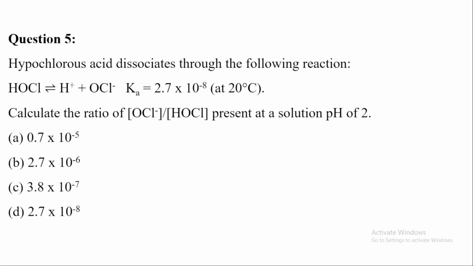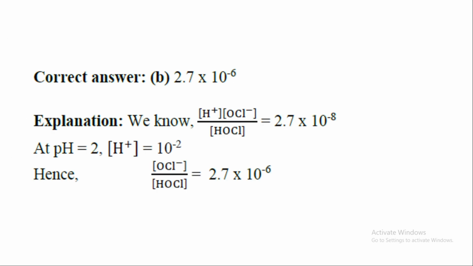If the pH is given as 2, what will be the H+ ion concentration? How do we define pH? pH is minus log of H+ ion concentration, and this log is log base 10.